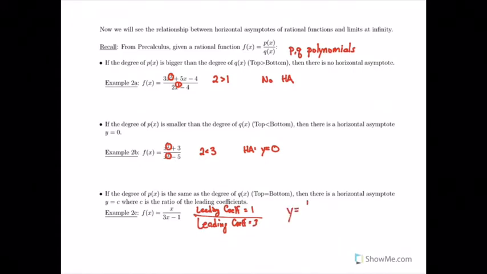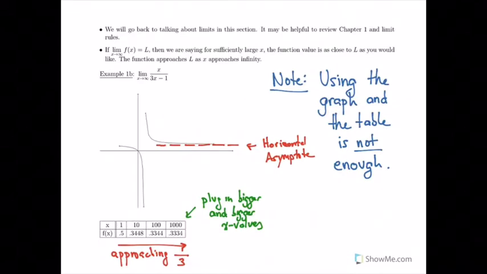So we have a horizontal asymptote of y equals 1/3. And if we go back to the previous pages, we can see that this is the horizontal asymptote that we came up with for this exact function, x over 3x minus 1, approaching 1/3.